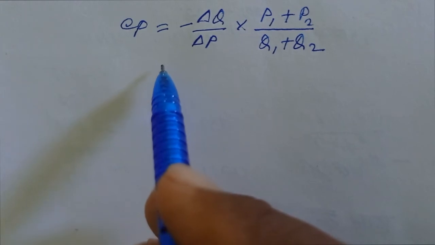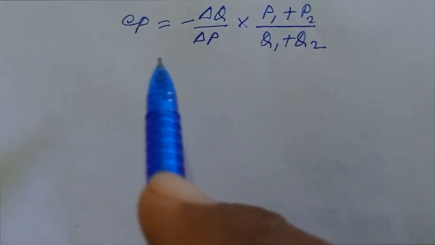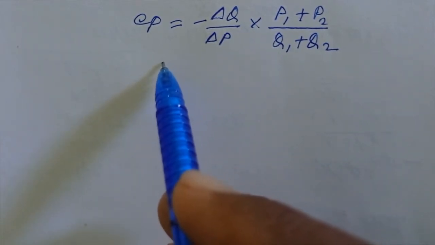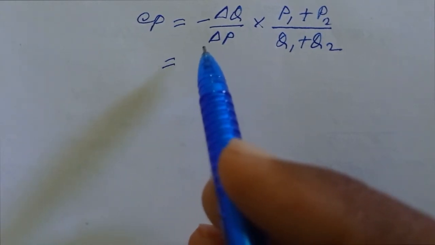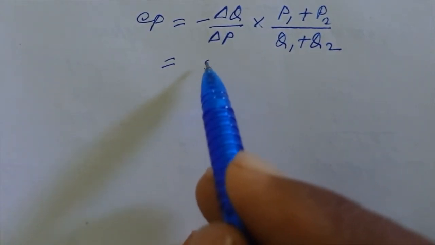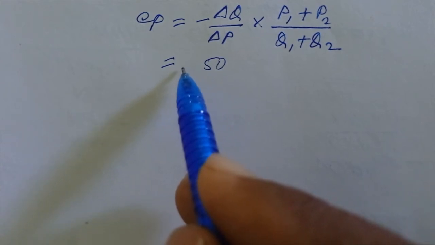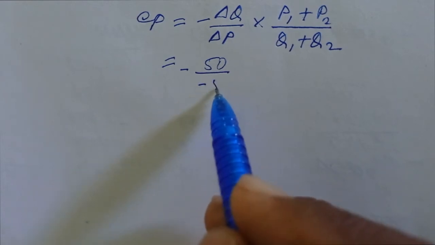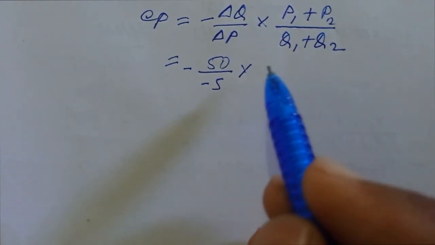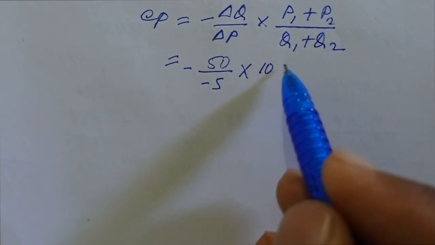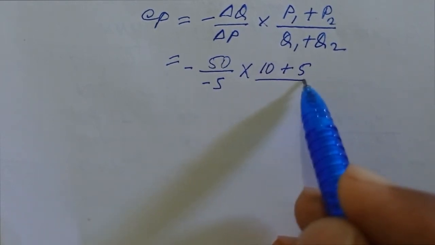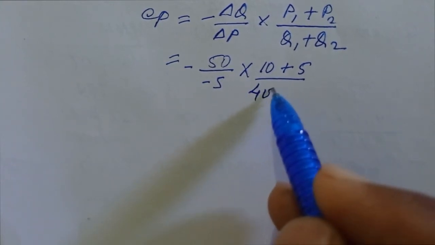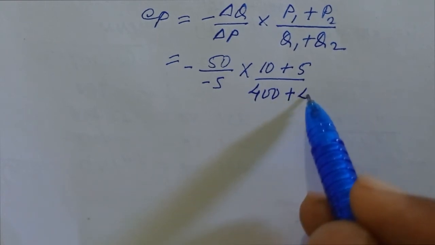Here we should write the values of del Q by del P: del Q is equal to 50, and delta P is equal to minus 5, into P1 is equal to 10 and P2 is equal to 5, divided by Q1 is equal to 400 and Q2 is equal to 450.